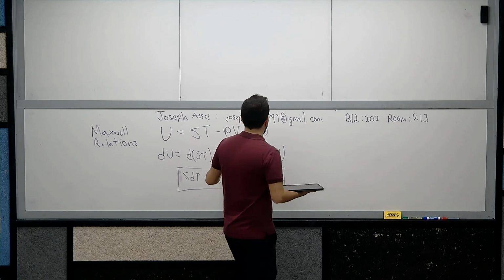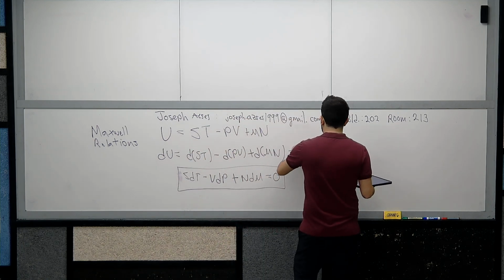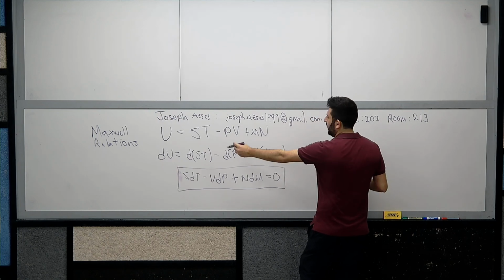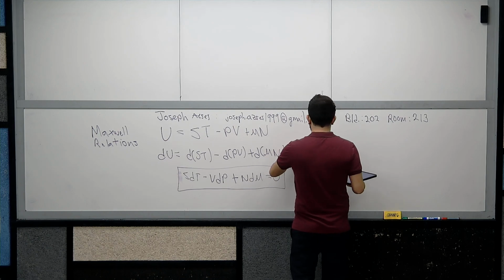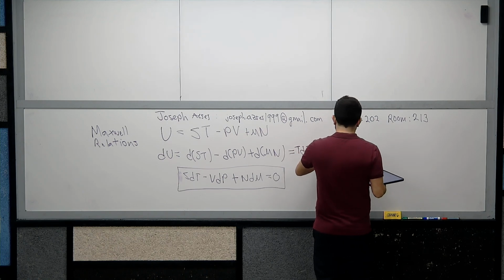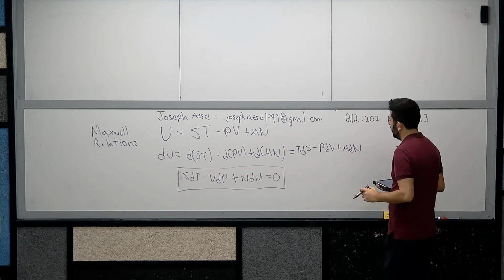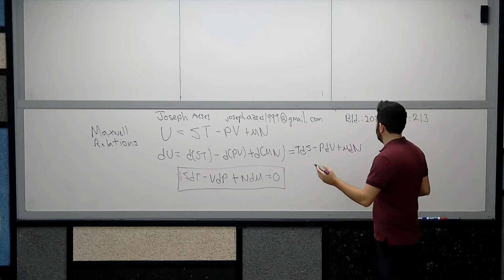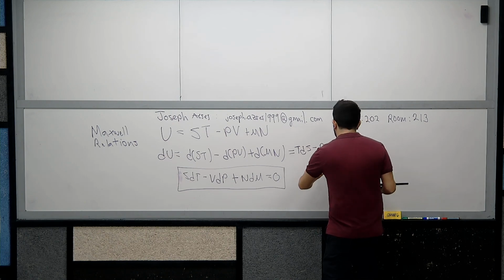Okay. And the idea of Maxwell relations is to take advantage of knowing that the energy is actually an exact differential. So we can write this. And since this is an exact differential, that means that we can equate the cross relations.